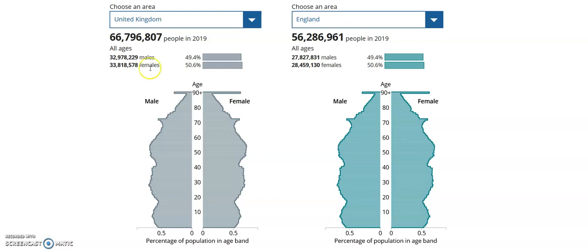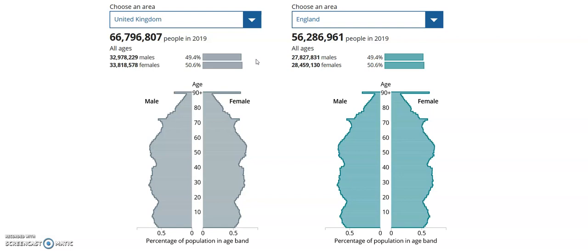For example, in the overall UK population, females account for 50.6% and males 49.4%. So we see a slight difference between them, almost a 50-50 population breakdown.